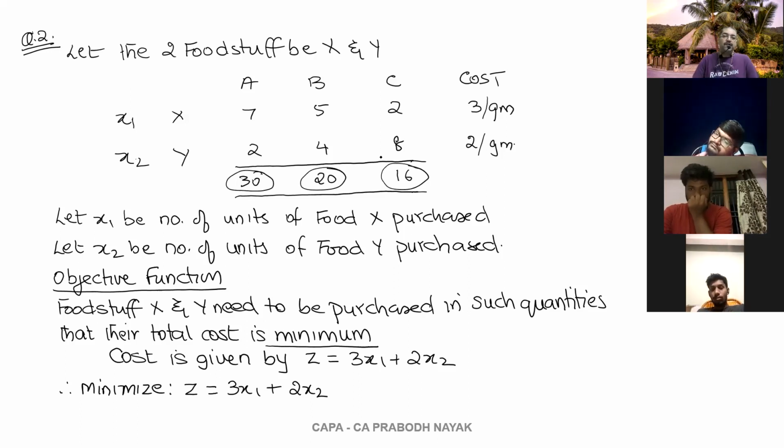On consuming the two food items, vitamin A should be minimum 30 units or more, vitamin B should be minimum 20 or more, and vitamin C should be minimum 16 or more.